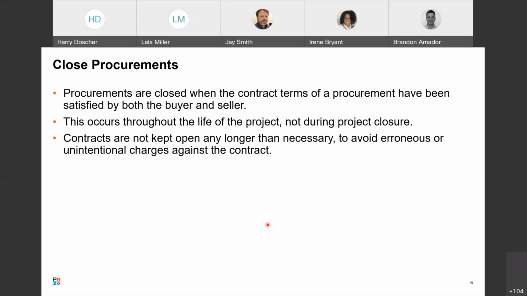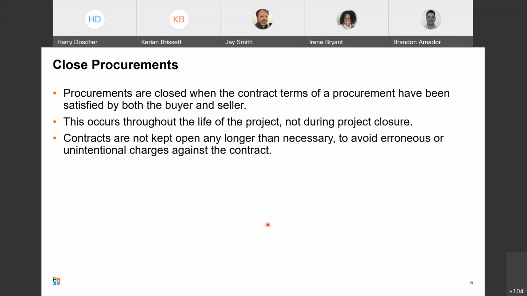Okay, so closing procurements. This is when you've got a contract with an external vendor to supply you something. They're supplying, you're paying for it. Procurements are closed when the contract terms of a procurement have been satisfied by both the buyer and the seller. So you don't want to wait until the project or the phase is closed out to close the procurement.